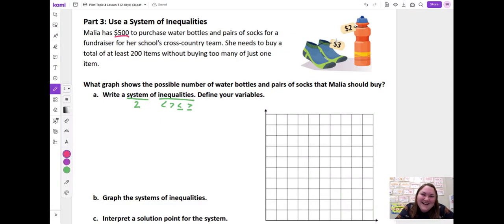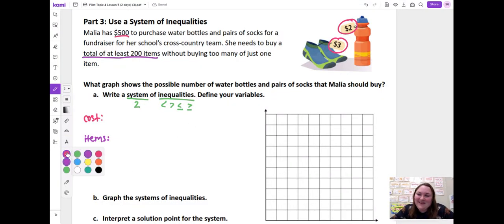We have the socks are $3 each and the water bottles are $2 each. So one of my inequalities is going to be all about cost. The other inequality is going to be about the number of items. We know she needs to get a total of at least 200 items. So this other inequality is going to be describing how many items she's getting.